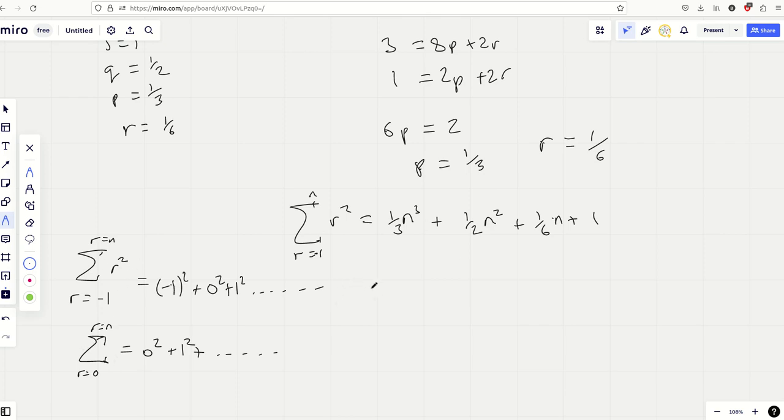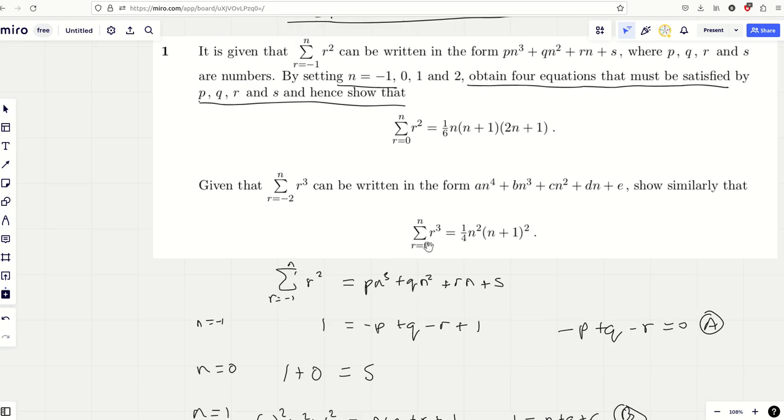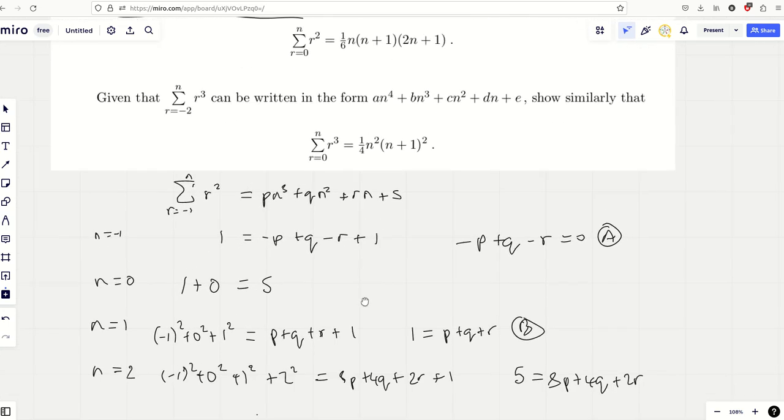So if I'm just going up from 0 up to n, I'm really just going to have the above result minus 1, which is just a third n cubed plus a half n squared plus a sixth n plus nothing. Now, can we turn it into the magical answer, which is obviously n(n plus 1)(2n plus 1) over 6?